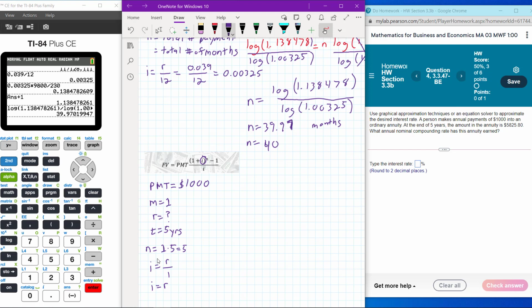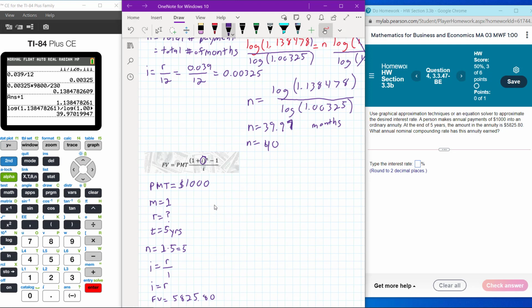So let's go ahead and set up this equation as best we can. Oh wait, we also need to know what A is. What's the future value? The future value is $5,825.80. Let's not forget that 80 cents. Okay, now we can set up our equation.